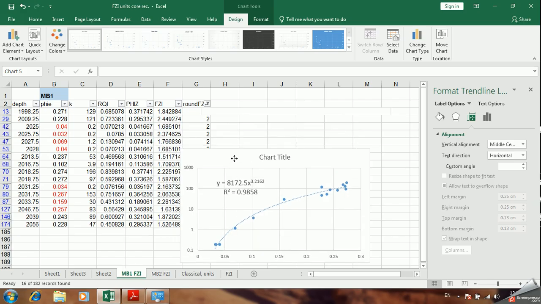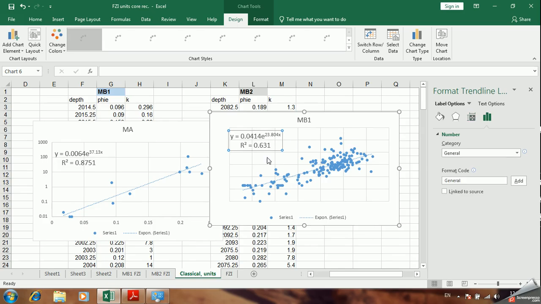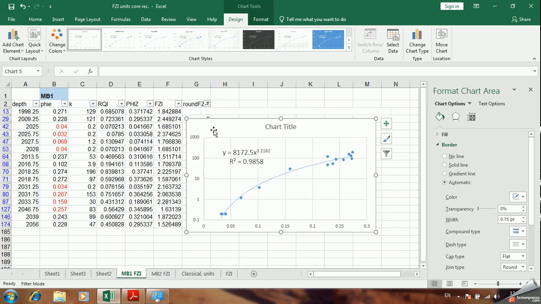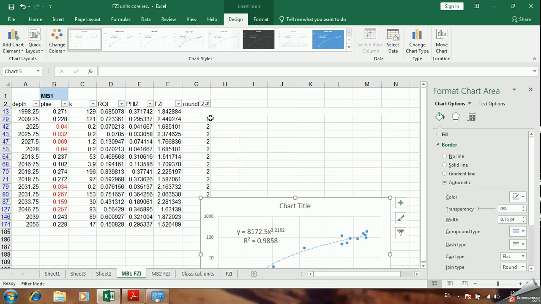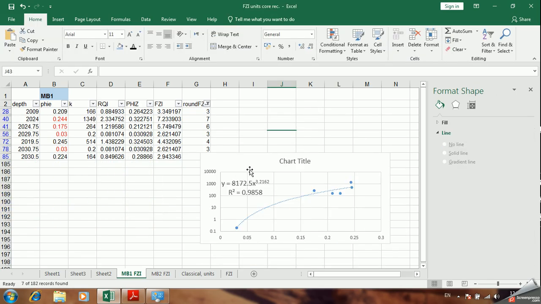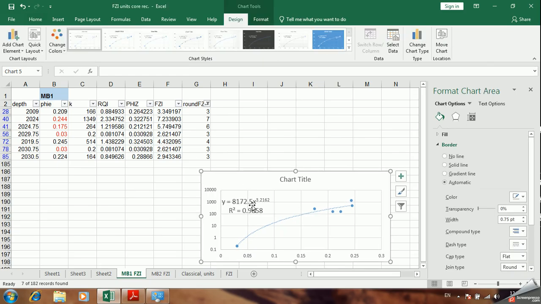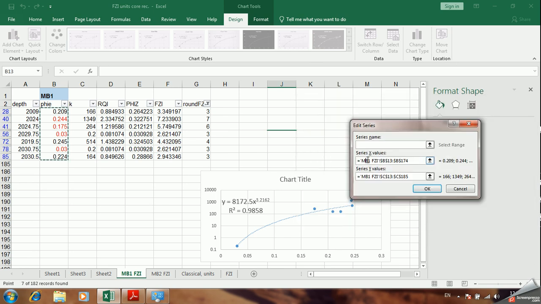So for different FZIs, the R squared is high. Okay, for the same unit, the classical R squared is 0.6. You can find, of course, the R squared for the other FZIs, for 2, for 3, the same thing can be done. We can select data and edit, of course.